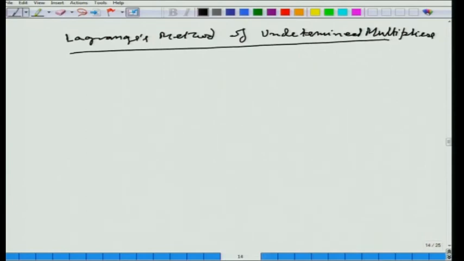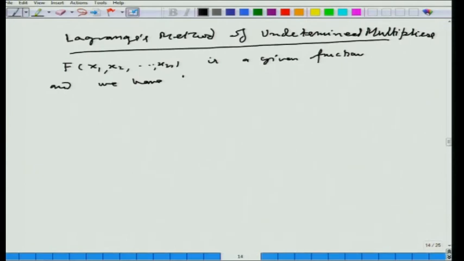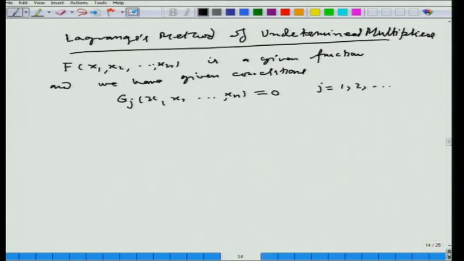Here in this case, we have a function f of several variables x1, x2, ..., xn, which is a given function, and we have certain conditions: Gj(x1, x2, ..., xn) = 0, j from 1, 2 to m.